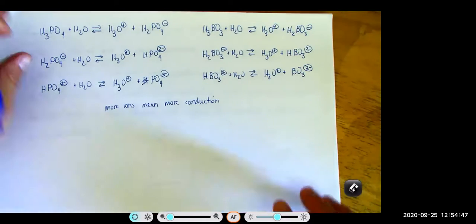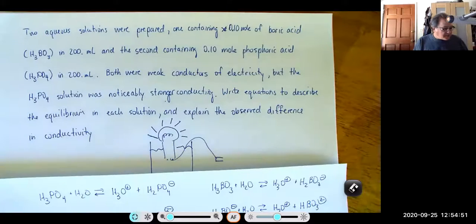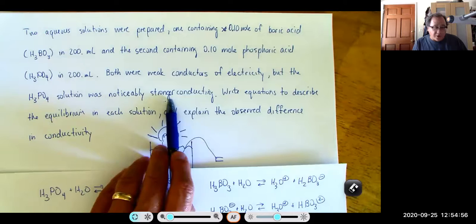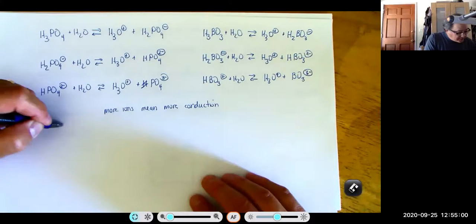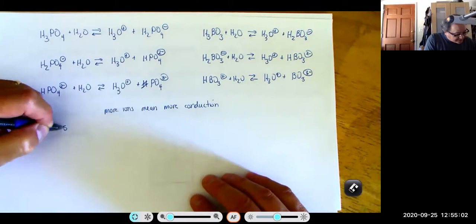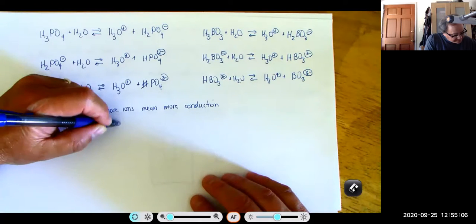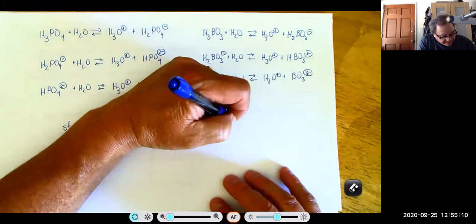Now, if we look at the question here, it says, the solution with H3PO4 was noticeably stronger conducting. So this one was stronger conducting, and this one was weaker conducting.